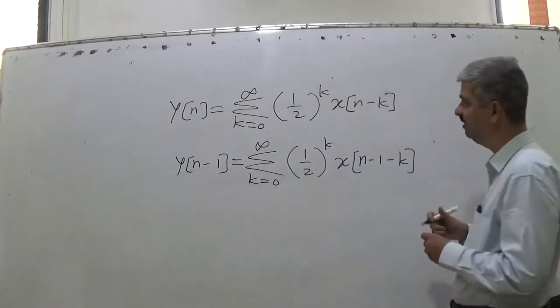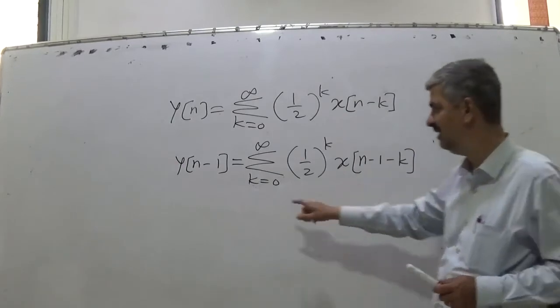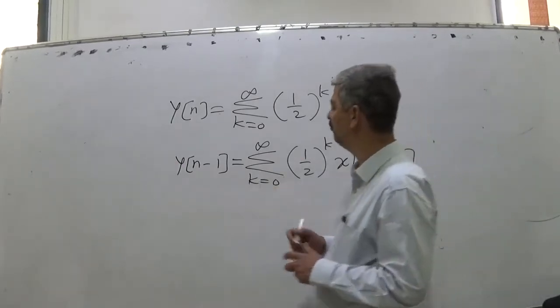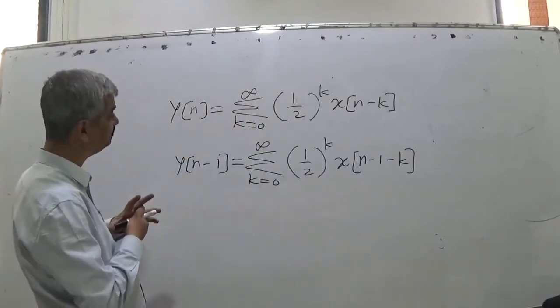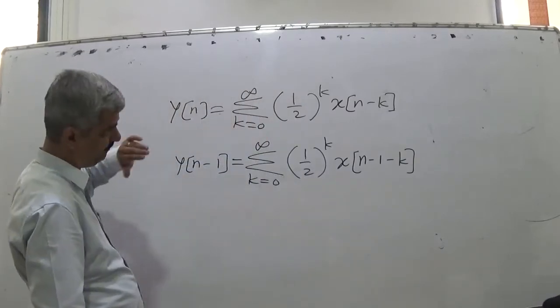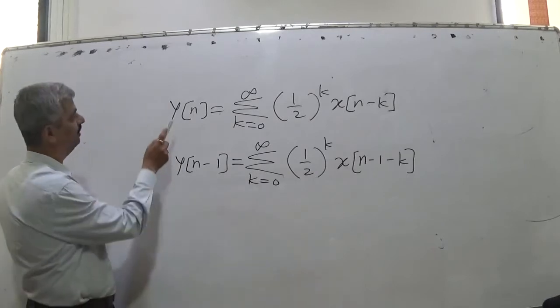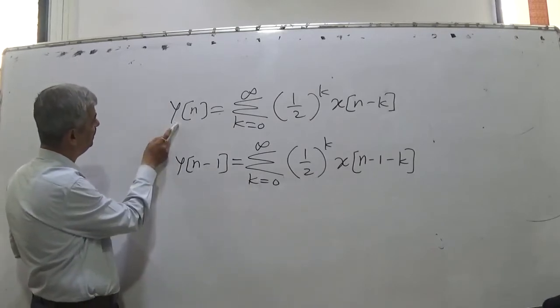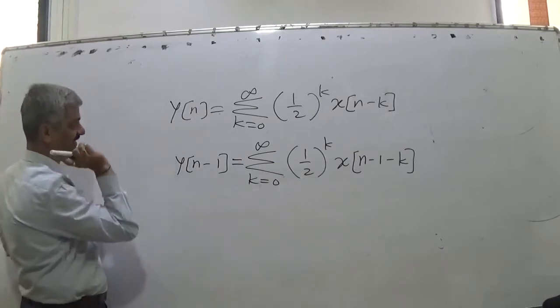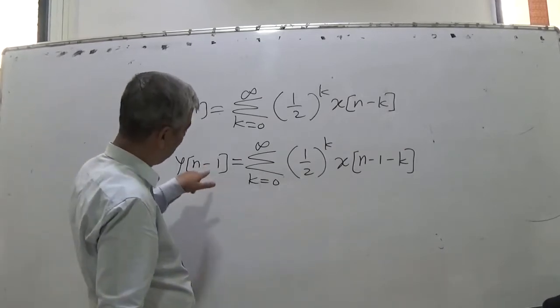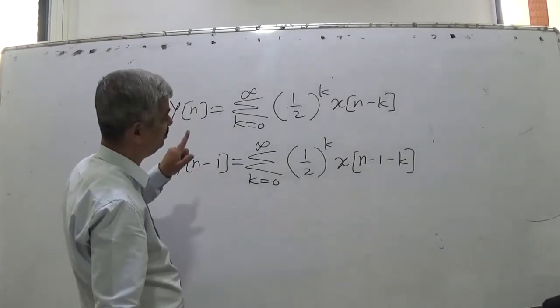For iteration, a previous sample is of use, so we have taken y of n minus 1. Now how do we approach it classically? This yn includes a term which is not in yn minus 1, which is xn, because when yn minus 1 was computed, xn was not available.